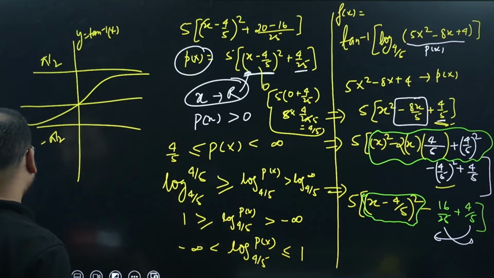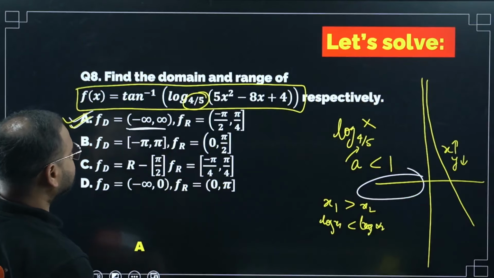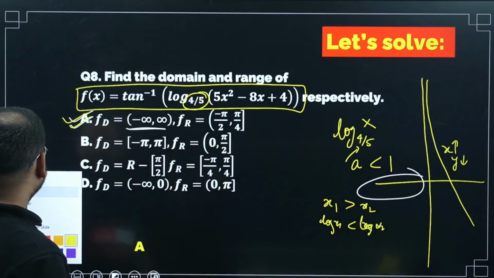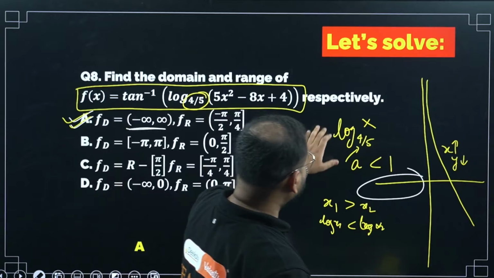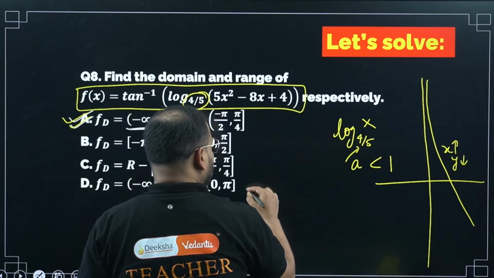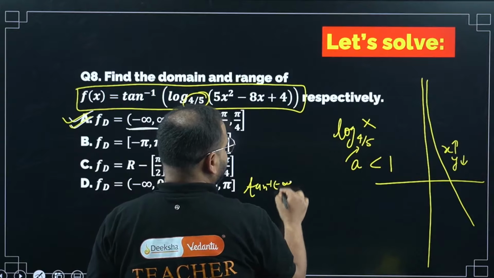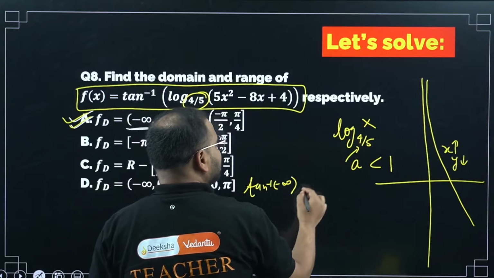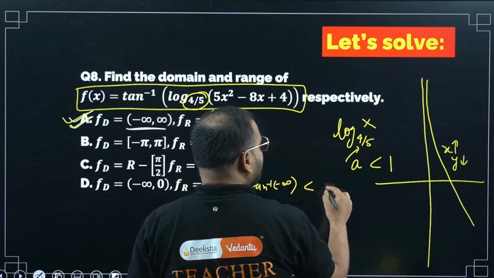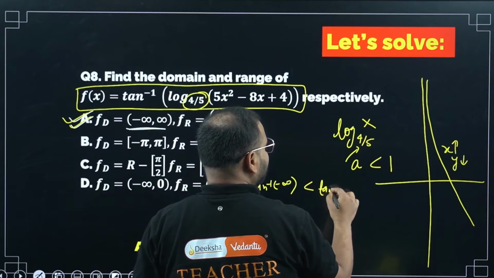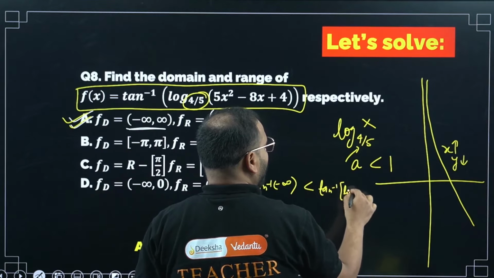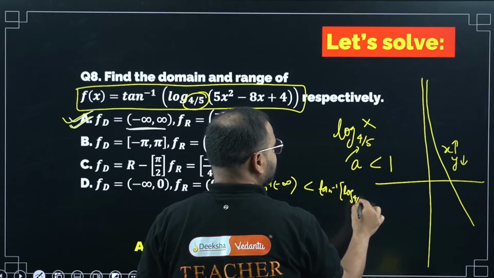Now I'm going to apply tan inverse on this. I erase some of this here, so I'm applying tan inverse on all of it. So tan inverse of negative infinity is less than tan inverse of log of px with the base 4 by 5.